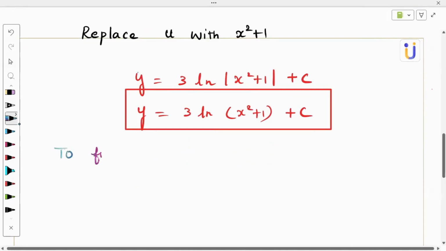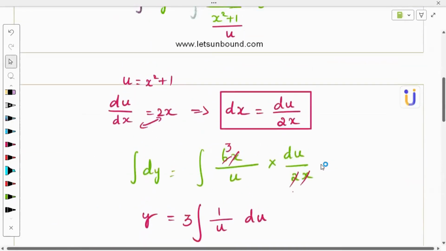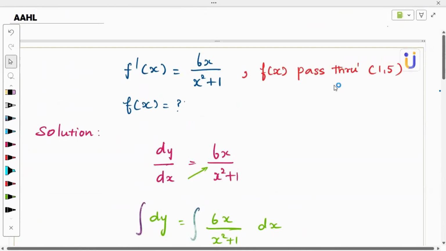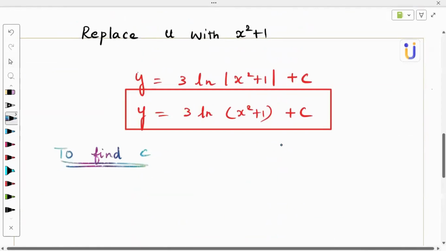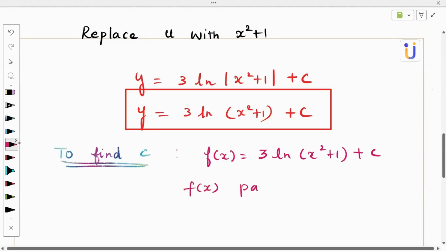To find c, what are we going to do? There is one more clue given, which is y is equal to f of x passes through the point (1, 5). So y means f of x. I can write f of x is equal to 3 ln x square plus 1 plus c, and it passes through (1, 5).